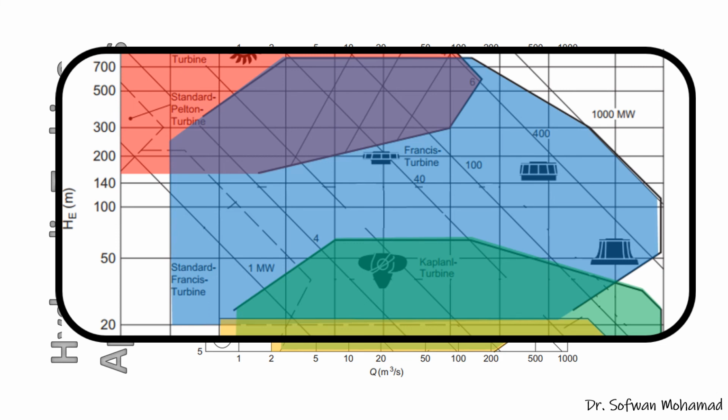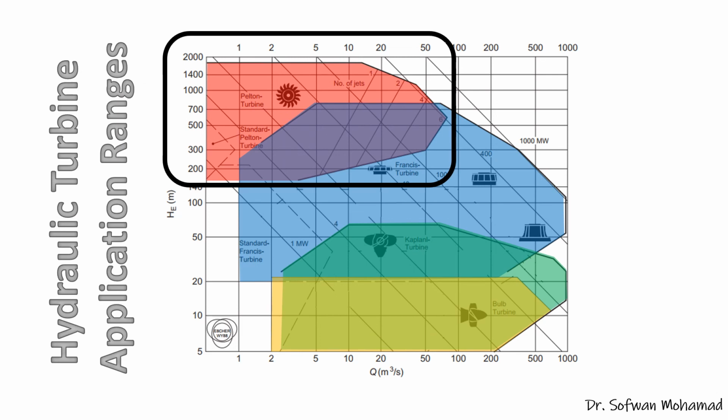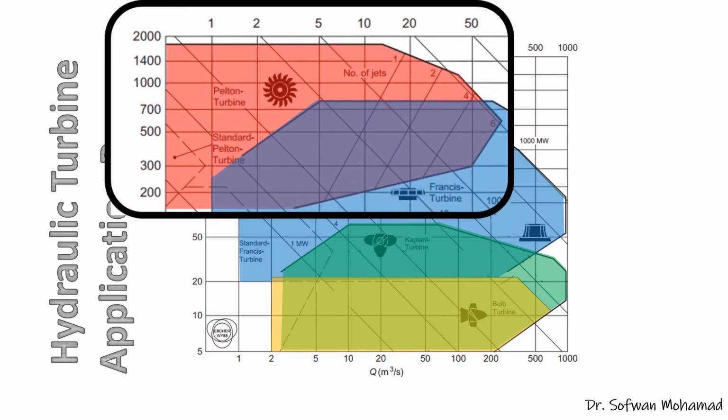And for the flow rate, it covers almost the entire graph from left to right, from 1 meter cube per second up to 1000 meter cube per second. This is a very versatile turbine. Francis turbine is the most common turbine simply because it can operate at a wide range of pressure and flow rate. Now we will move to our final type of turbine, the Pelton turbine.